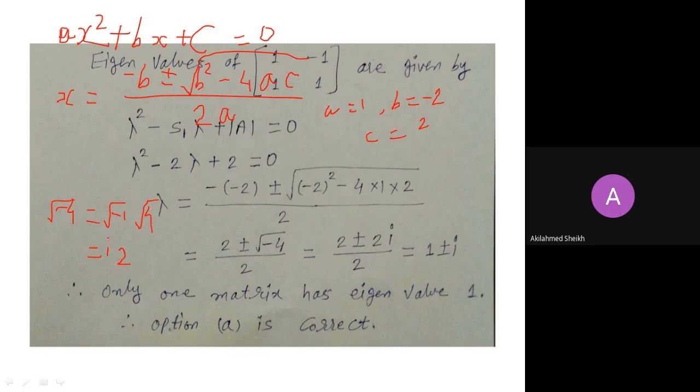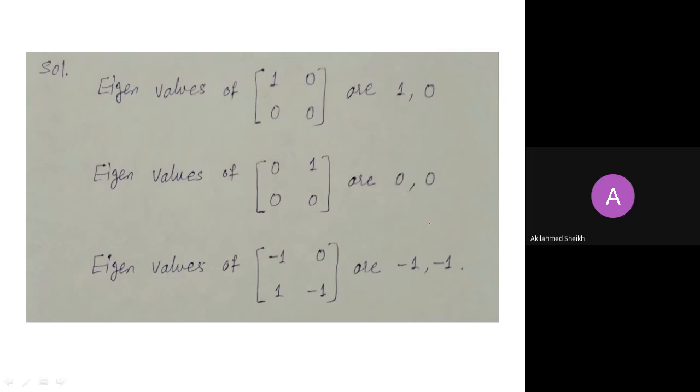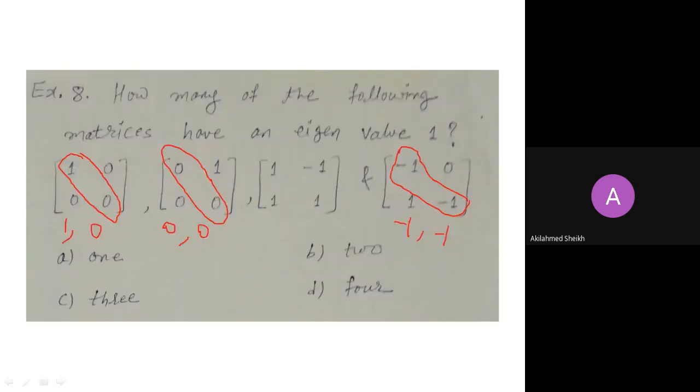So I just write here 2i instead of root of minus 4. Dividing each term by 2, we get 1 plus minus i. So these roots are complex or imaginary. So we can say that there is only one matrix which has eigenvalue 1. So option A is correct, that is 1.